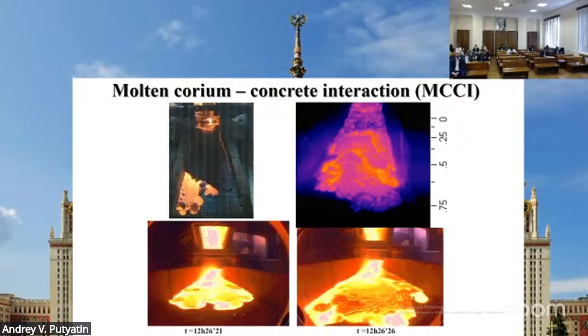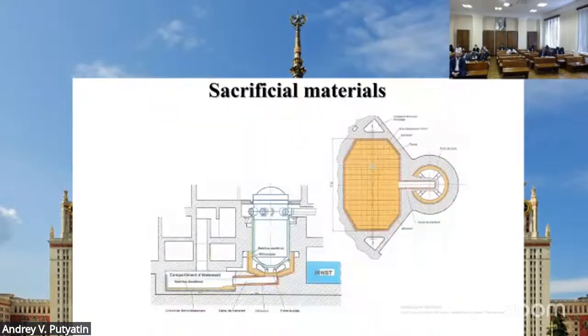You see some examples of experimental studies. So people make artificial corium and then spill it onto a specially designed concrete floor. You can trace how this melt spreads along the different types of concrete and so on.